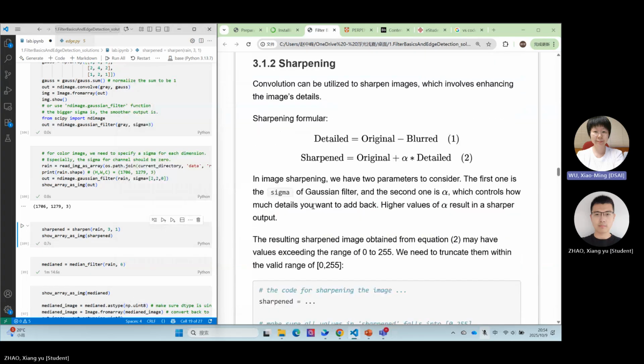Okay. How to achieve this step by step is your homework, and in this class I only show you the results. You can just follow this formula to achieve your own code.